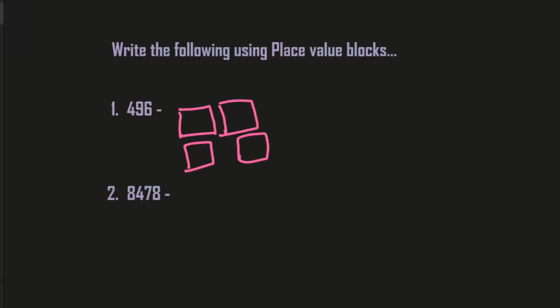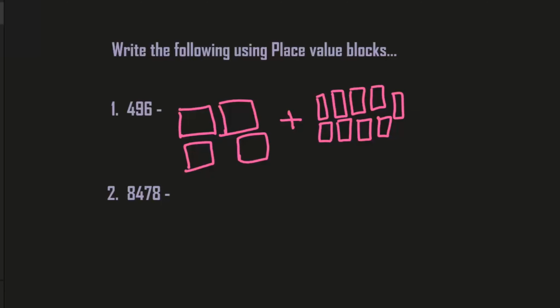And 96. So 9. That means we draw 9 of these. 1, 2, 3, 4, 5, 6, 7, 8, and 9. Finally, 6. So we draw 6 tiny squares. 1, 2, 3, 4, 5, 6.